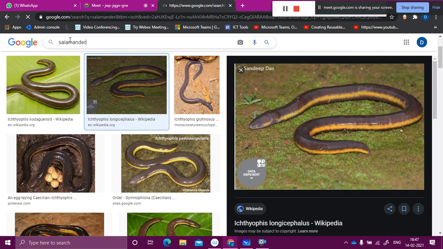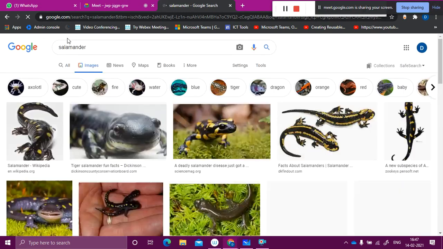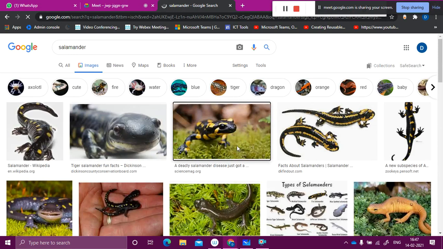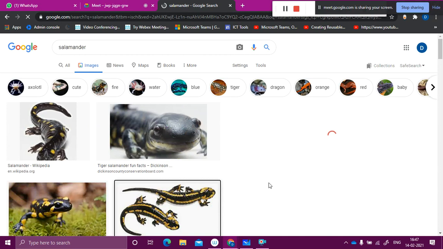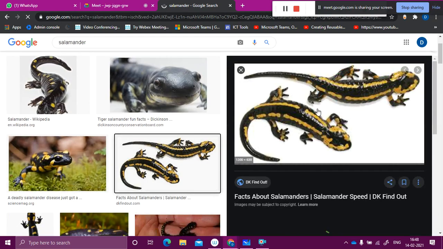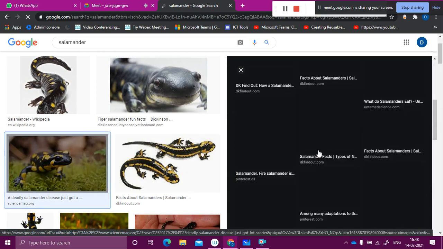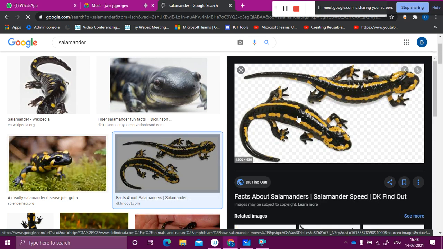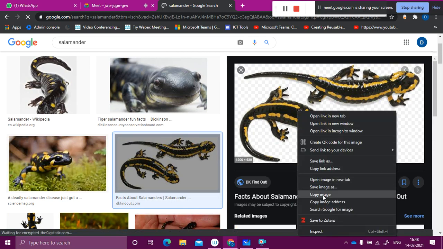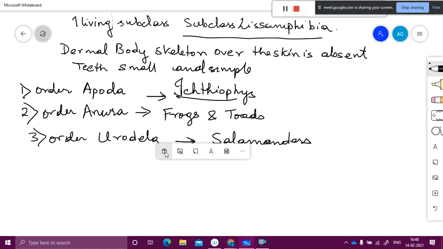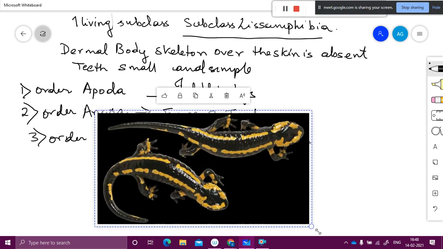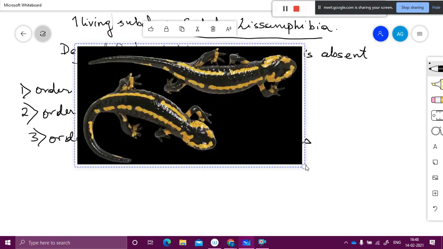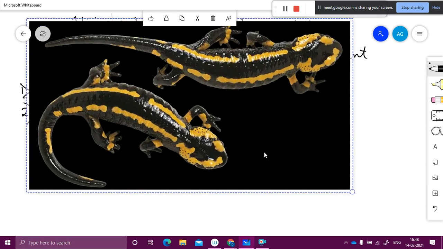Uro means tail. This is a salamander. So these are salamanders and newts.